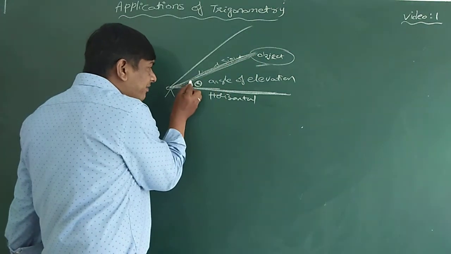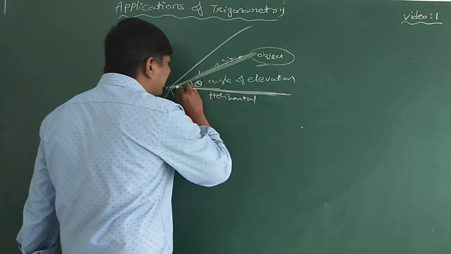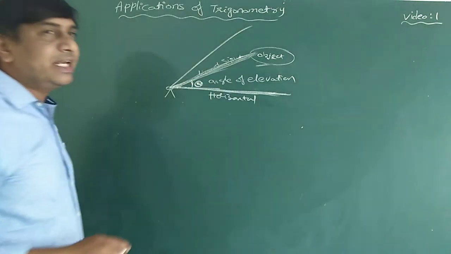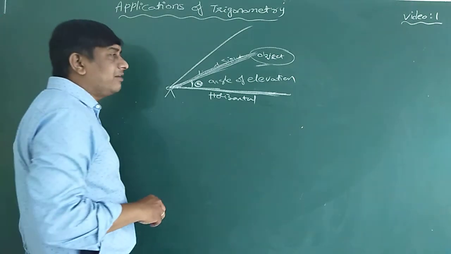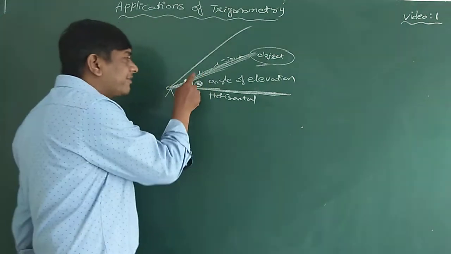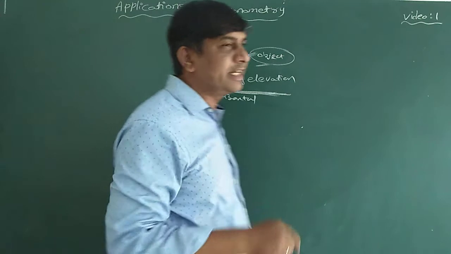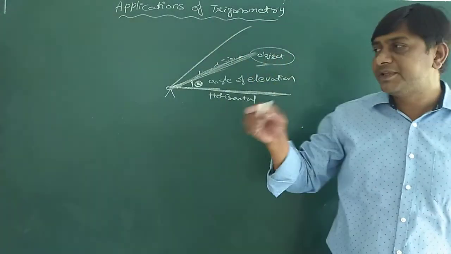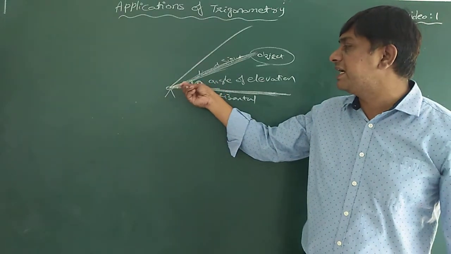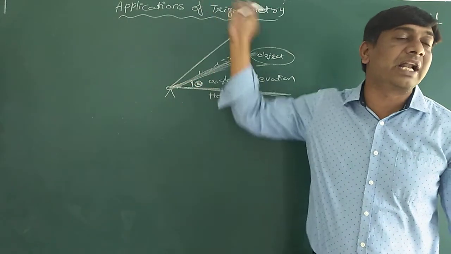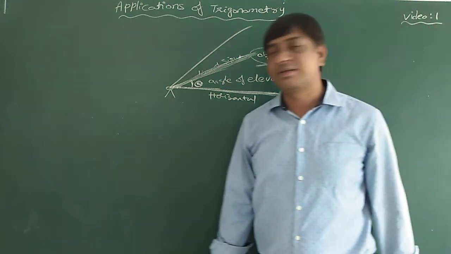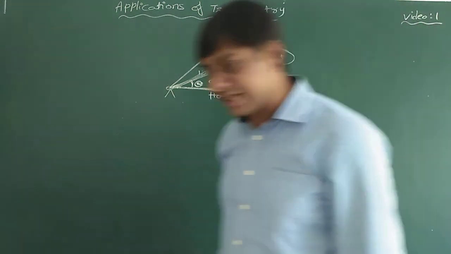The angle between the horizontal line and the line of sight, theta, is called the angle of elevation. If the line of sight is above the horizontal line, it is the angle of elevation.